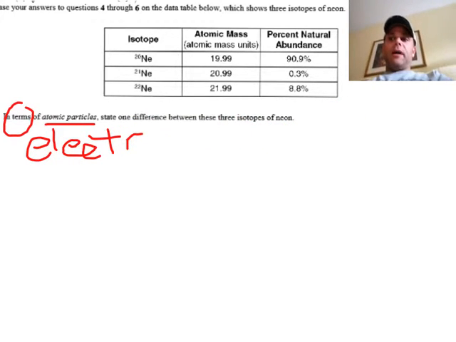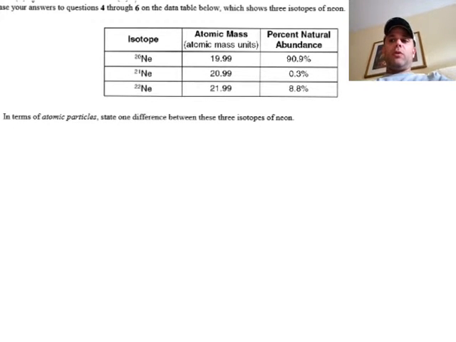And we're going to be talking about neon. In terms of atomic particles, state one difference between the three isotopes of neon.